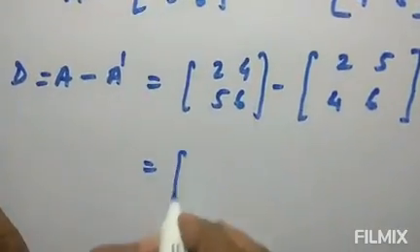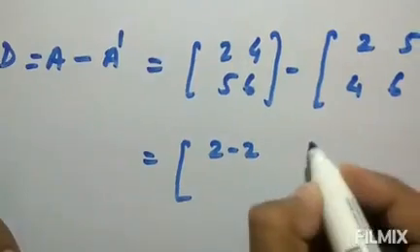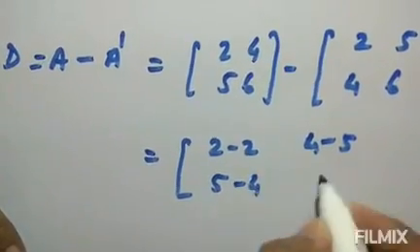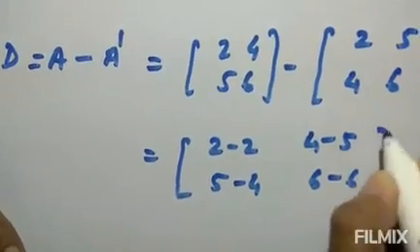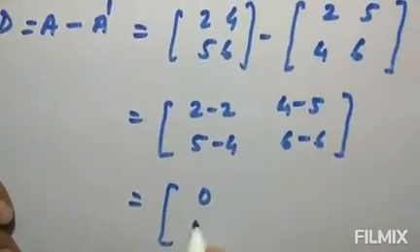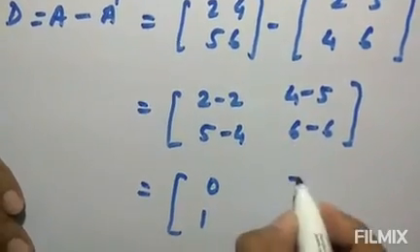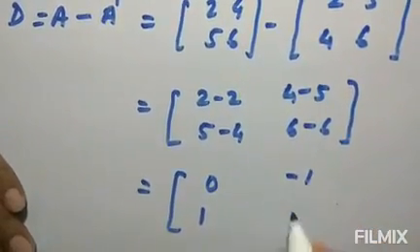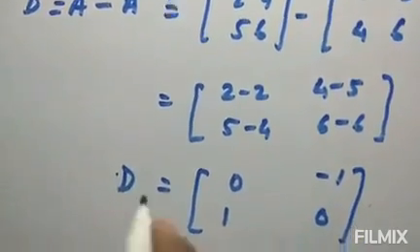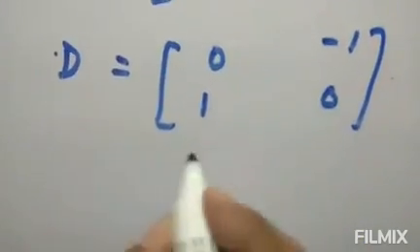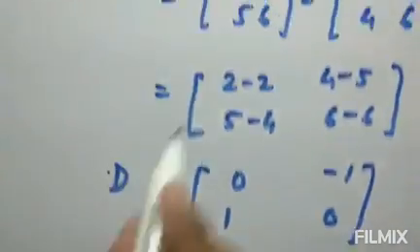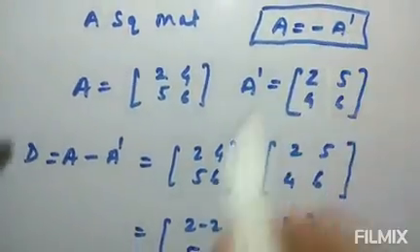So this one equals 2 minus 2, 4 minus 5, 5 minus 4, 6 minus 6. So this one is 0, 1, -1, and 0. This one is D. In skew symmetric, D equals minus D dash.